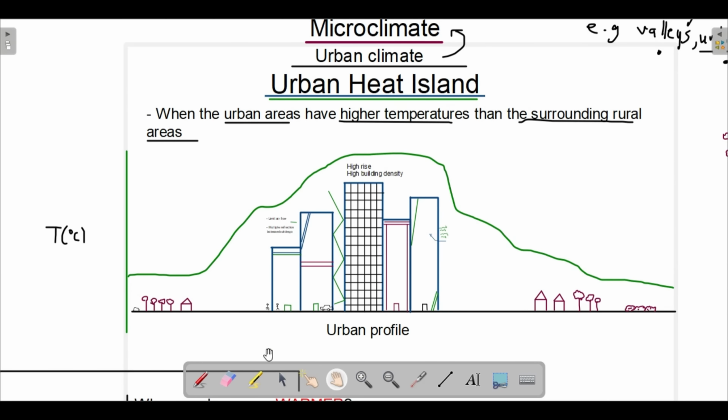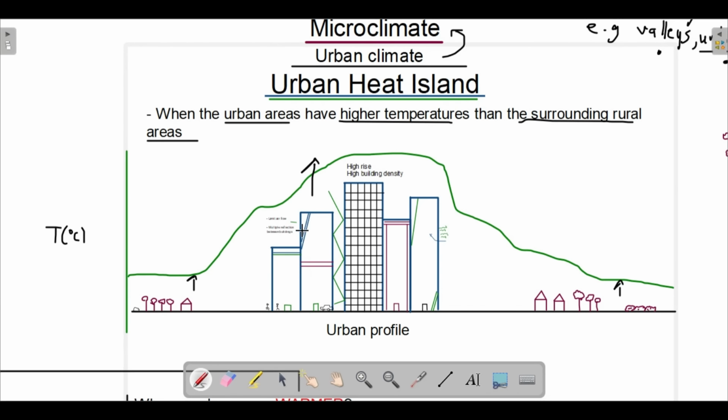Typically, the temperatures that urban areas have are higher than the temperatures that you're going to find in the surrounding rural areas. So we say that these urban areas form urban heat islands.